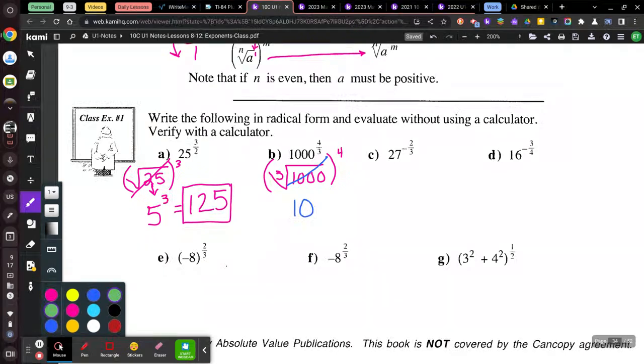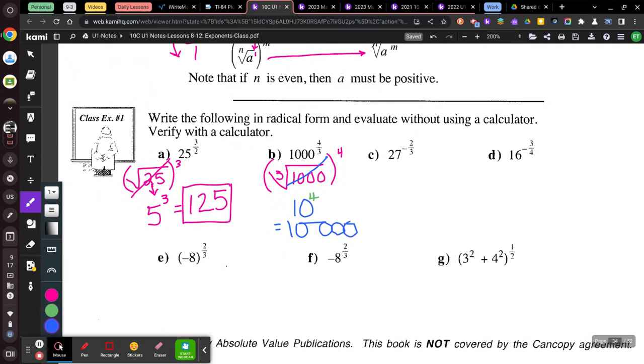Now I'm putting that 4 as my exponent. So now my exponent is 10 to the 4. 10 to the 4 is going to be how big? 10,000. Whenever you're dealing with powers of 10, you use the number 1, and the exponent tells you how many zeros. So that's going to be 10,000, 4 zeros.